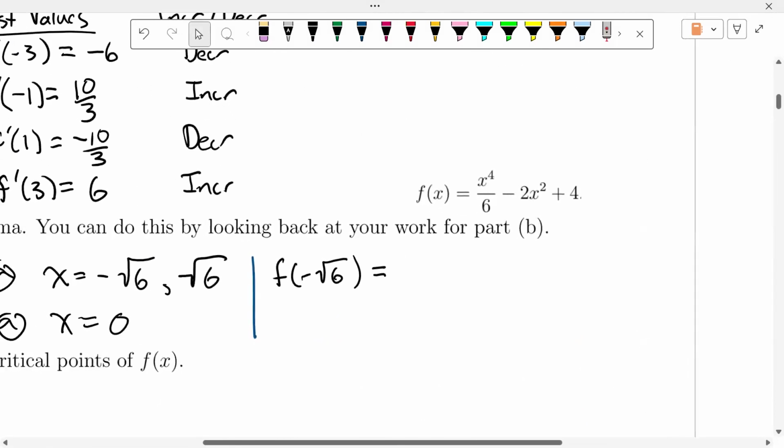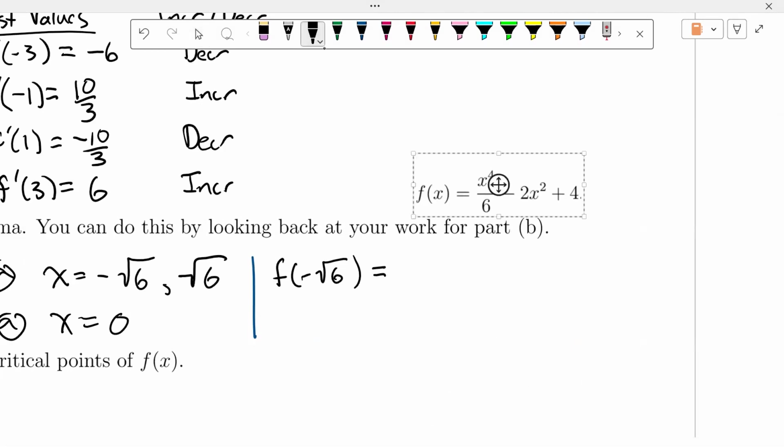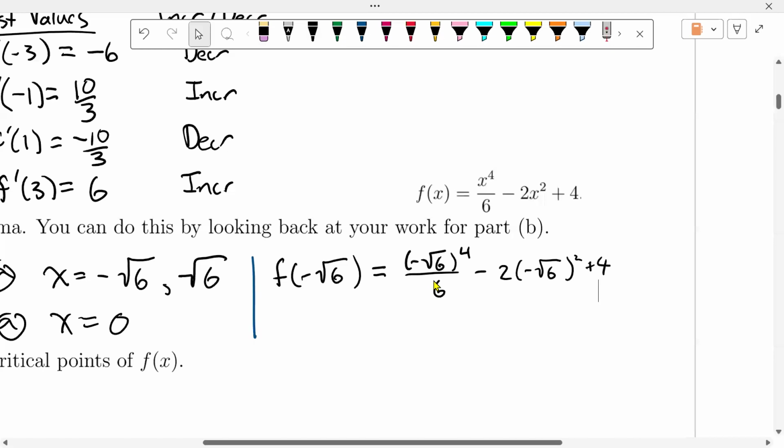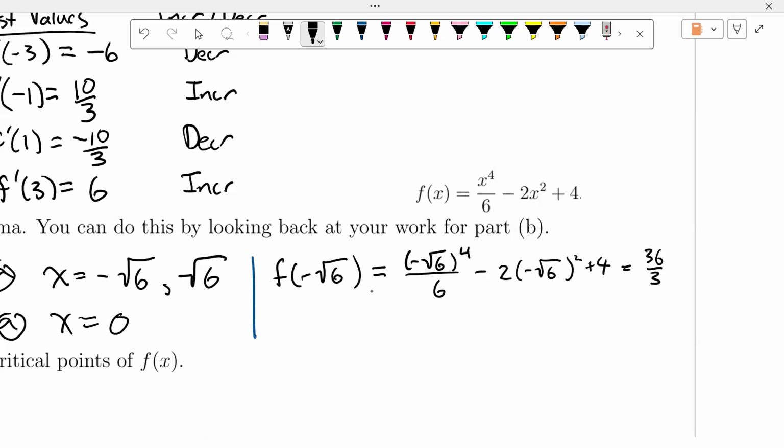For this problem, I can actually evaluate this one by hand, which is nice. So what will happen when I plug -√6 into this thing? Does anyone want to guess? What's -√6 to the 4th? 36. It is 36. So I'll get a 36 over 6.